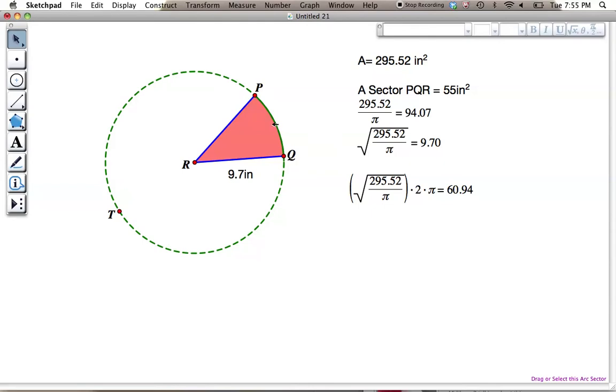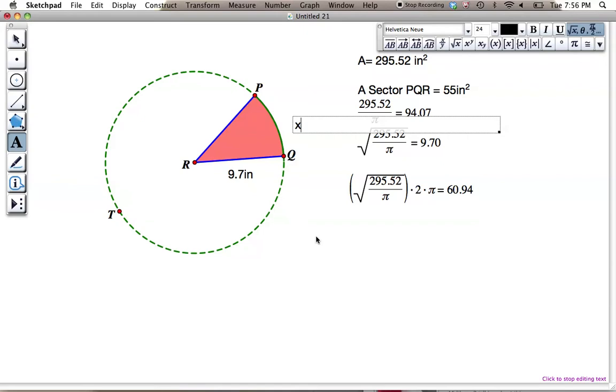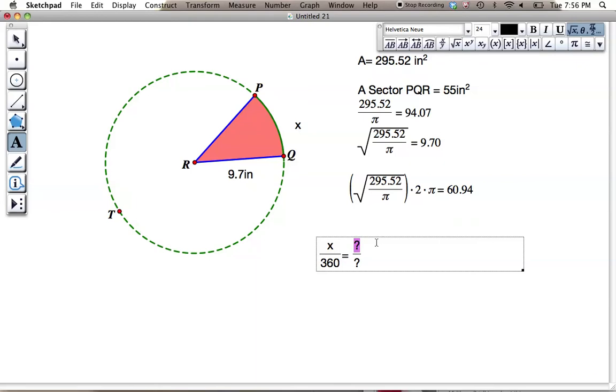Let's call that arc measure X. So our proportion is going to be X over 360 equals sector area, which is going to be 55 inches squared, over total area of circle, 295.52. Now we wish to solve for X.